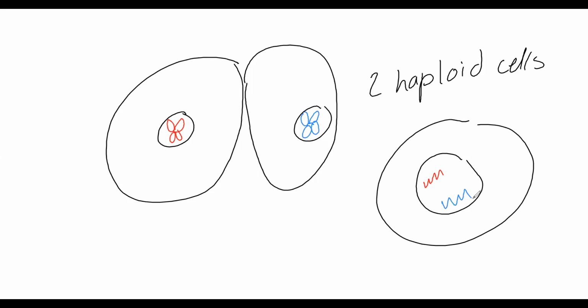And imagine this is a human cell. So how many chromosomes would that be? 46? Yeah, that'd be 46, right? And if we're looking at these two, logically they should have 46 because the DNA was duplicated. Well, pay attention to the colors, right? Notice how this one only has red and this one only has blue.